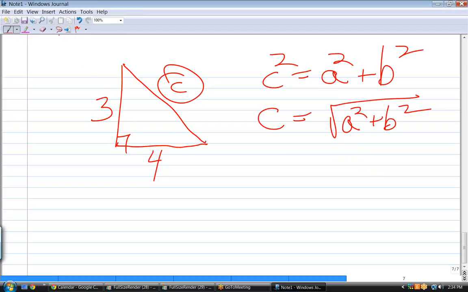So what would C be here? Four. The square root of 3 squared plus 4 squared. So do each of those separately. Add them together. What do you get?